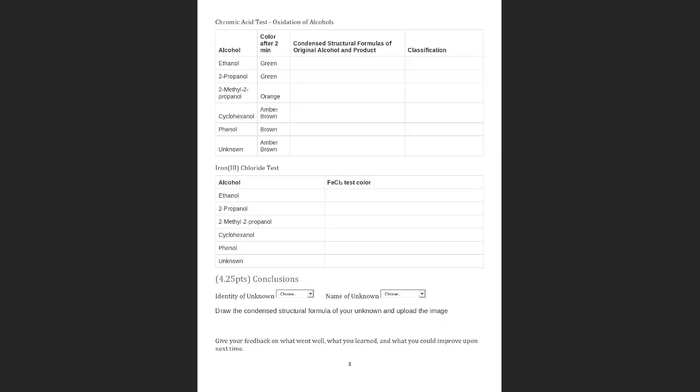And here, before we actually go to the iron chloride test, we have to complete this part of the report.